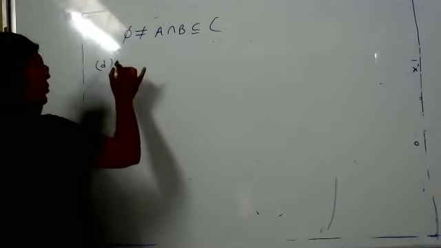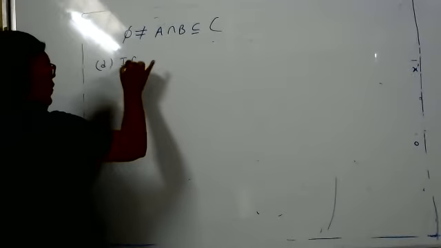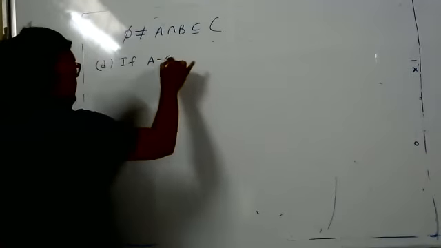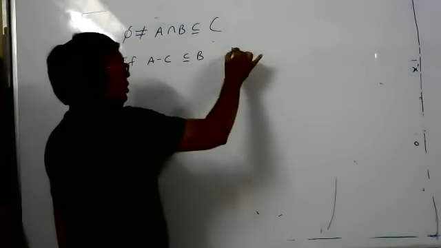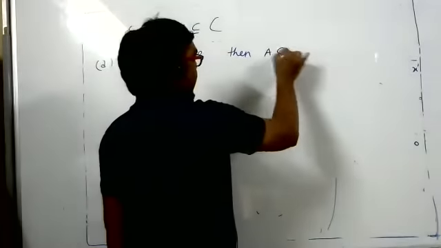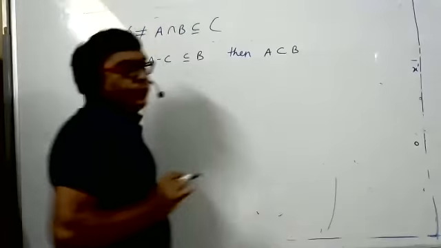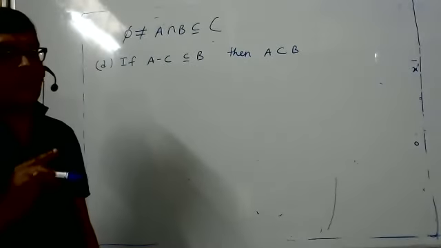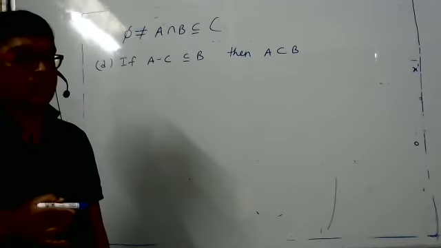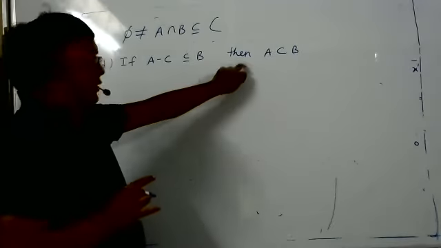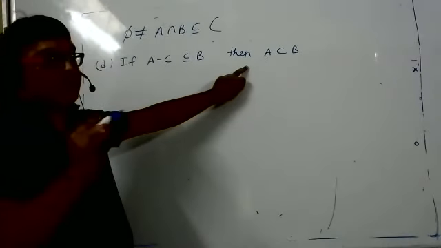D option: if A minus C is a subset of B, then A is a subset of B. And we have to tell which is false. This is only false. The other 3 options were true, which I explained.